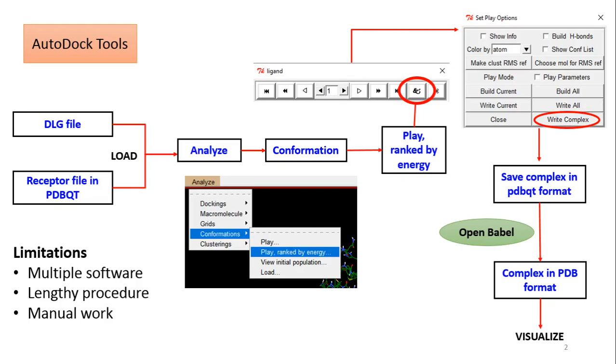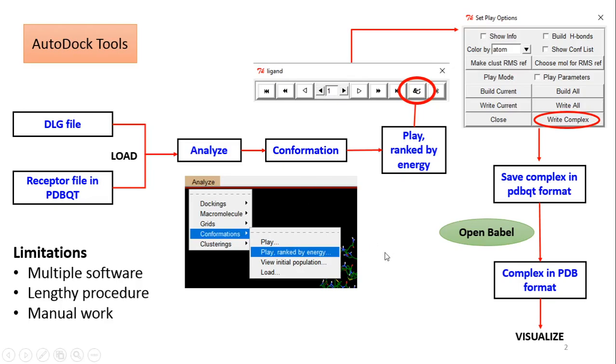And therefore people usually use the OpenBabel software to convert the protein ligand complex in PDBQT format to PDB format, and eventually later on they visualize it in any visualization software like PyMOL or even Discovery Studio. So the major limitation of following this workflow is, of course, you need to play around with multiple software. The procedure appears to be lengthy and a lot of manual work needs to be done.